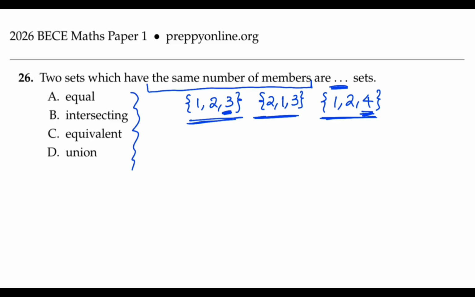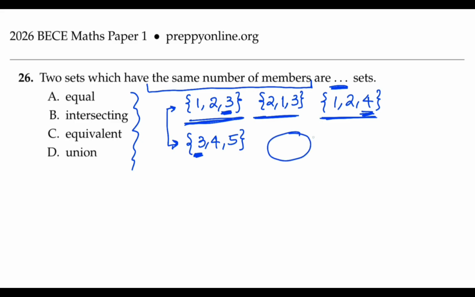Intersecting sets are sets that have elements in common. For instance, the set 1, 2, 3 and the set 3, 4, 5. These two sets are intersecting sets because they have the element 3 in common. There's 3 here, there's 3. So they have an intersection.